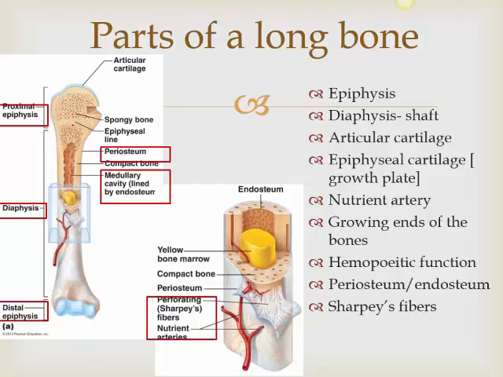So what happens is that the surface of the bone becomes smooth and is covered by a layer of hyaline cartilage, which is known as articular cartilage. It's called articular cartilage because this tells you that this is the end of the bone which is going to form a joint. So this articular cartilage prevents erosion of bone. It helps the two bones articulate and produce movement in a frictionless manner.